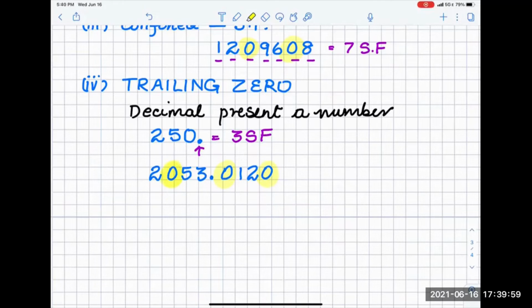The one between 3.01 is also confined, and the last one is the trailing 0, but it is still counted. Why? Because the decimal is present. So the presence of the decimal gives value to those zeros. So we have 1, 2, 3, 4, 5, 6, 7, 8. So 8 significant figures. Okay.